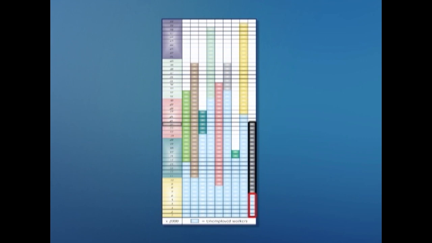And each box represents 2,000 people. So 18 times 2,000 is 36,000.